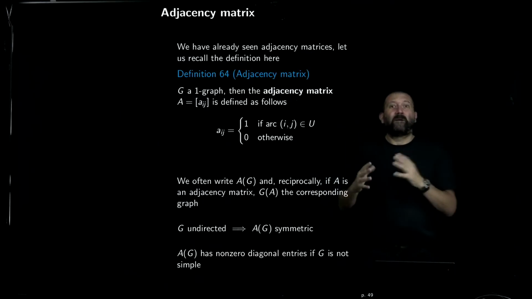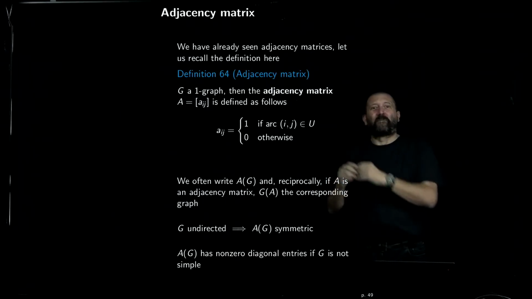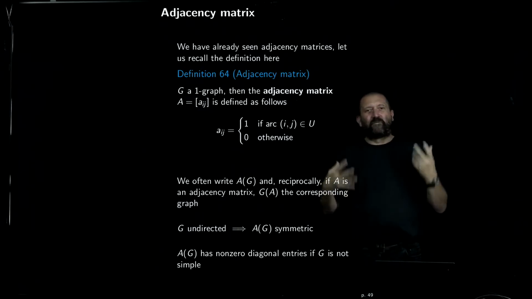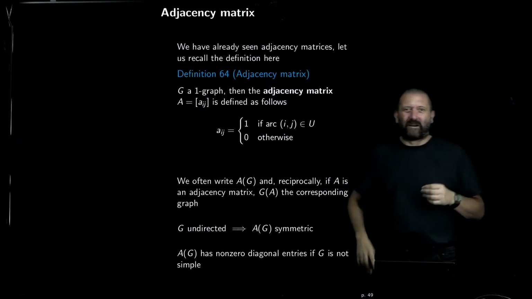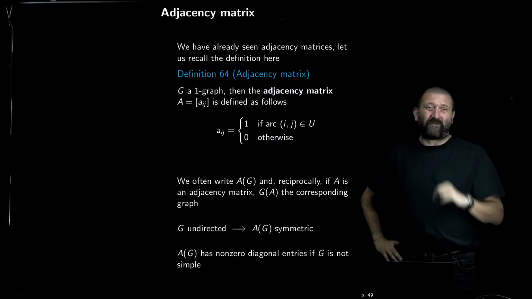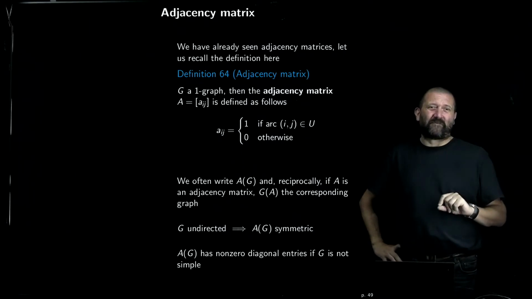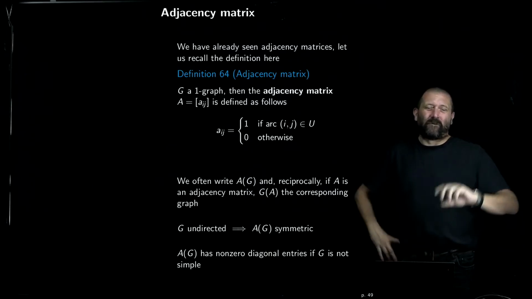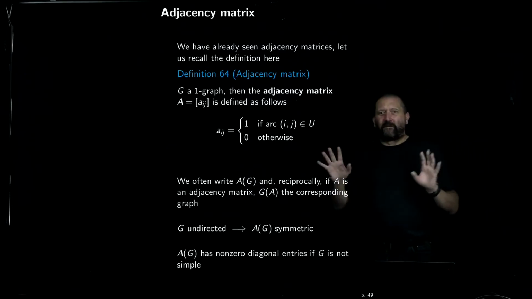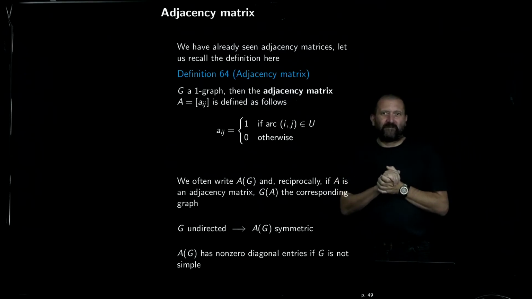So the first one we've seen already, but I'm repeating the definition here in probably a clearer way than I had done before, because previously we were looking at adjacency matrices potentially for symmetric graphs. Here I'm not imposing this. Okay.